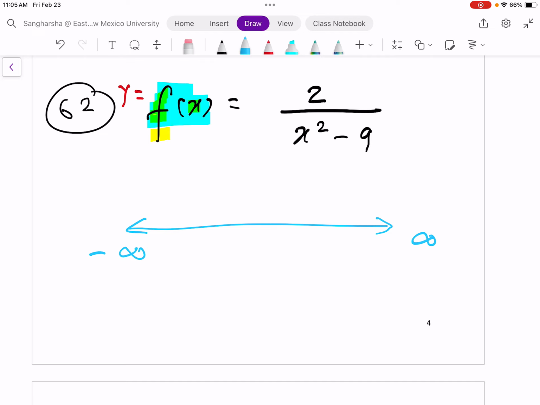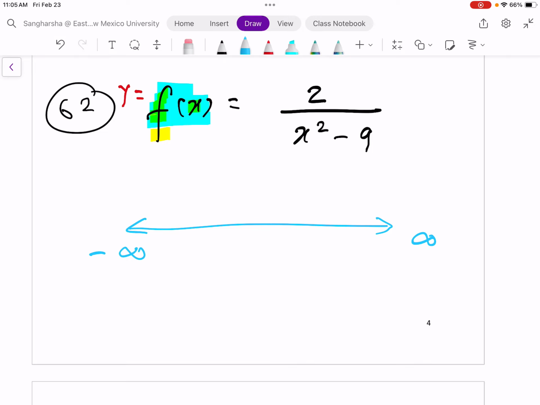We need to choose our input that gives us an output. You choose a number as your input, and if your input gives you an output, then your input is in the domain. But not every number is in the domain. To be in the domain, once you choose your input, it must give you some real output.